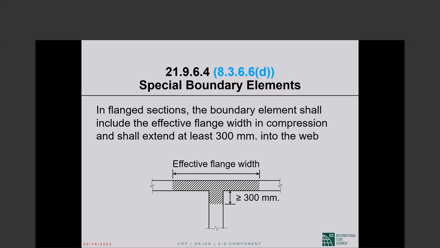A shear wall which is 20 feet wide. In that shear wall, transverse reinforcement might require lapping.